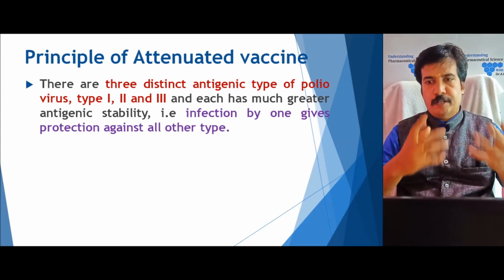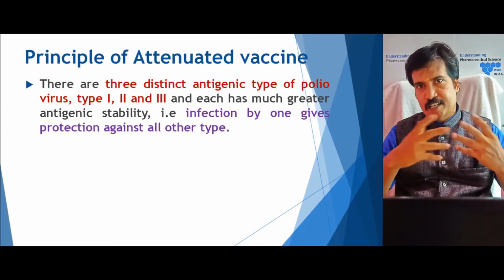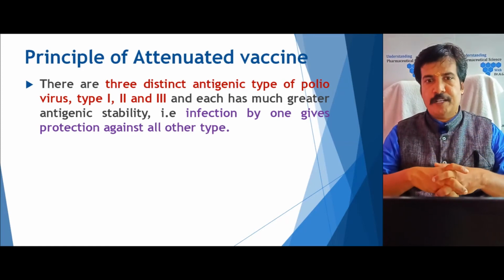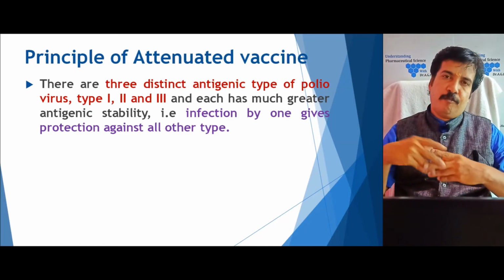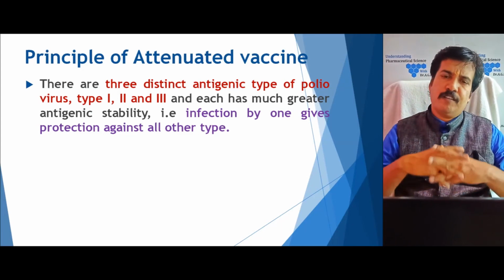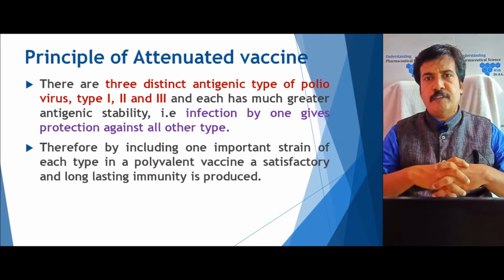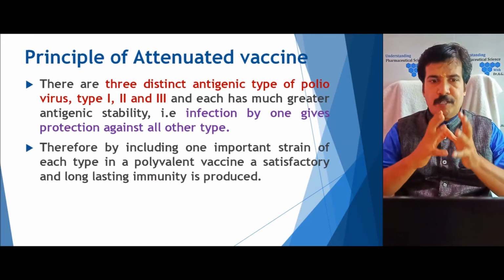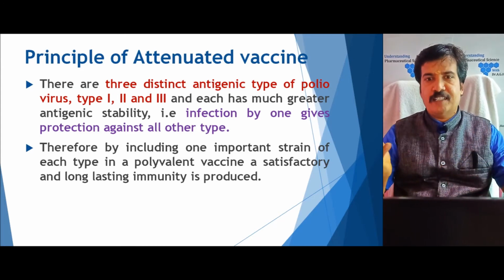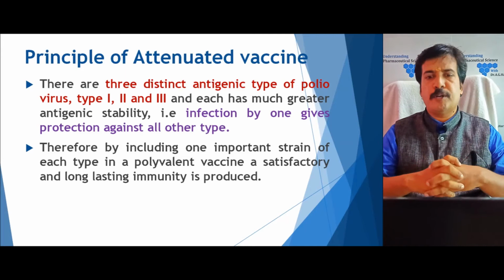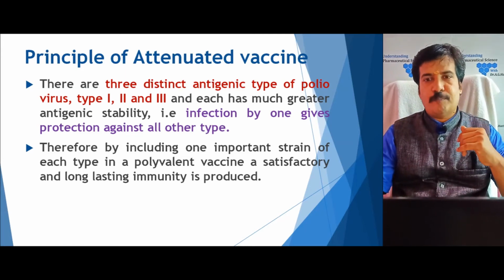Later, after a greater antigenic study of type 1, type 2 and type 3, it was identified that if we give a vaccine for one, it itself started giving protection from the other types also. Therefore we want to include one important strain which can produce a polyvalent vaccine that is satisfactory enough to produce long lasting immunity. So this was the ideology of the production of this vaccine.